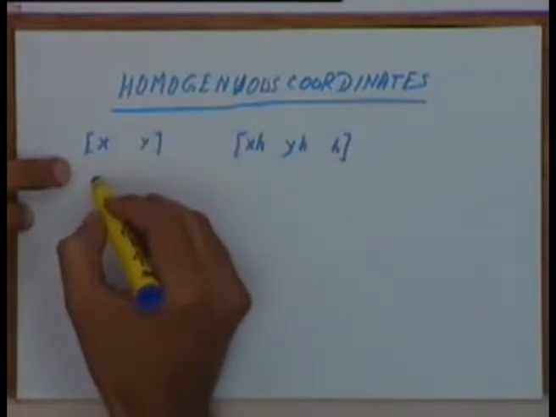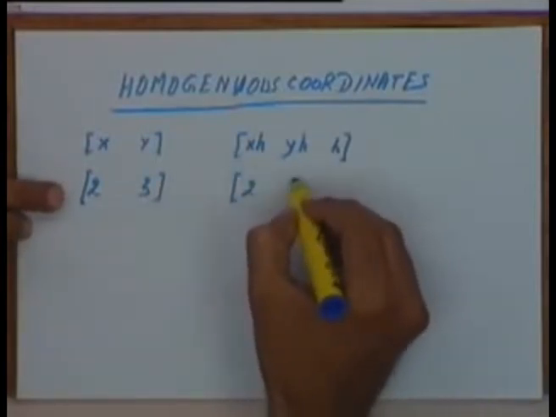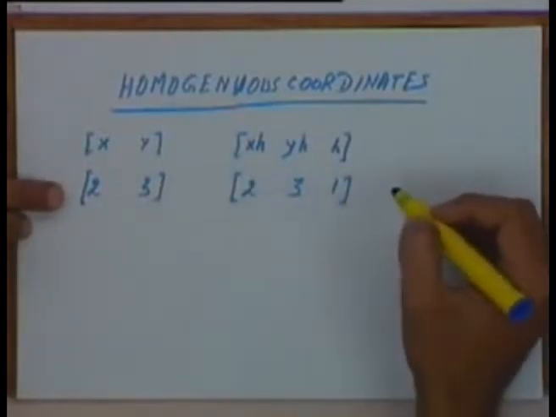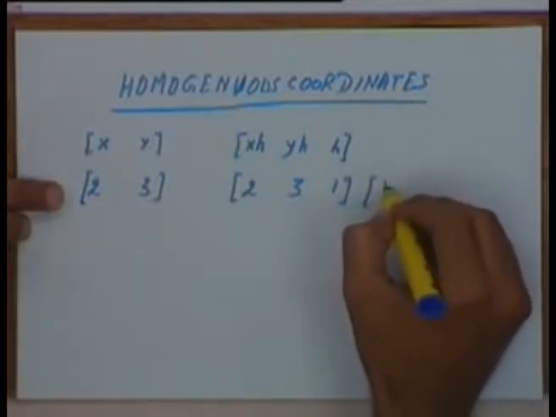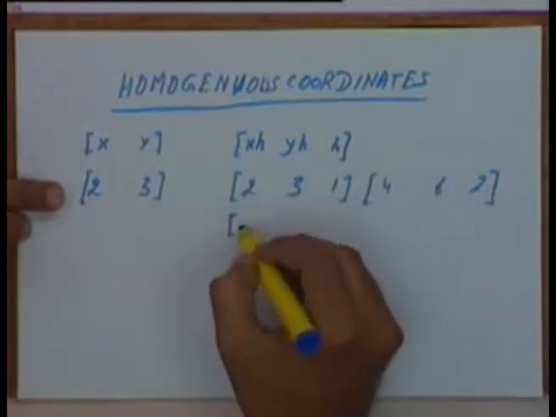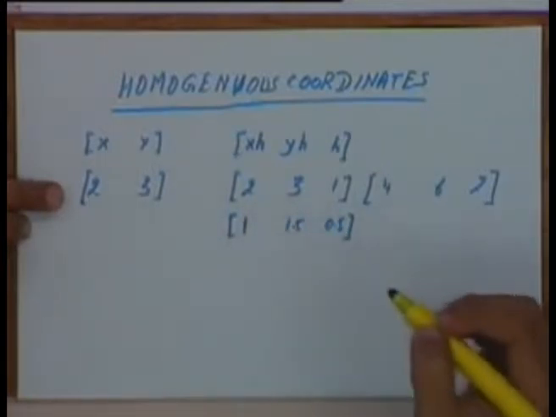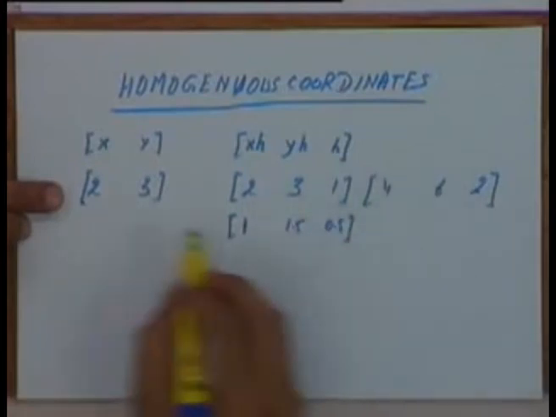Let us say you have a point 2 3. This point can be written as 2 3 1. It can also be written as 4 6 2. It can also be written as 1, 1.5, 0.5. All these represent the same point.